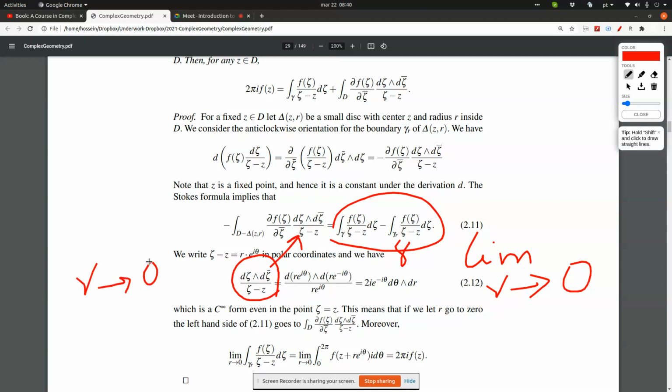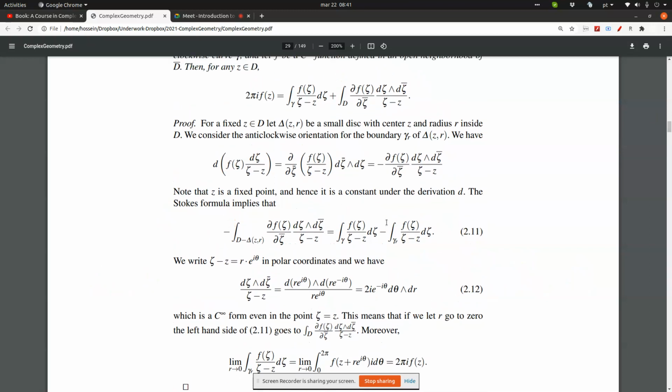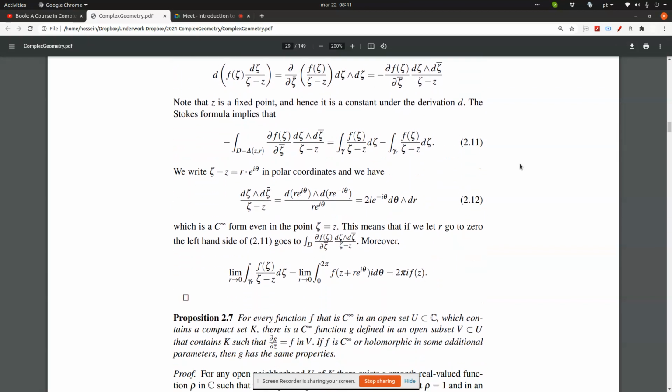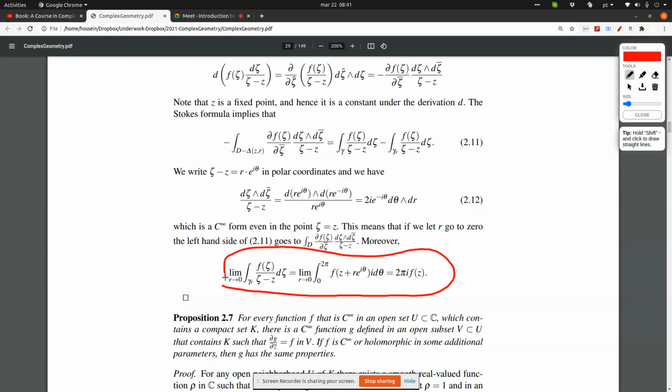For me, the reason is just this simple equality: when you write in polar coordinates, the pole disappears. So in this formula, if you take r goes to zero, on one side you will have this one, and on the other side we have to justify that this goes to 2 pi i f(z).